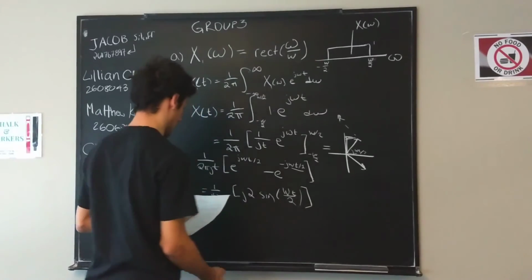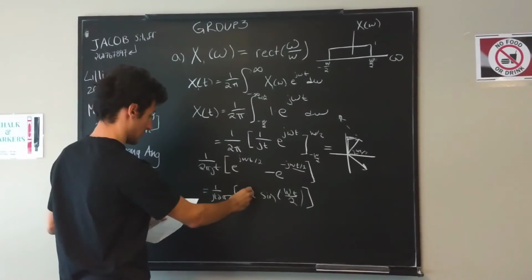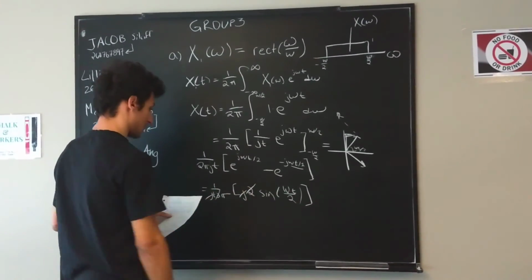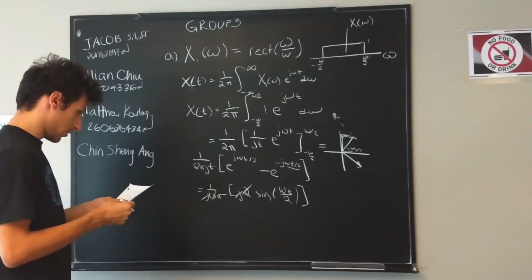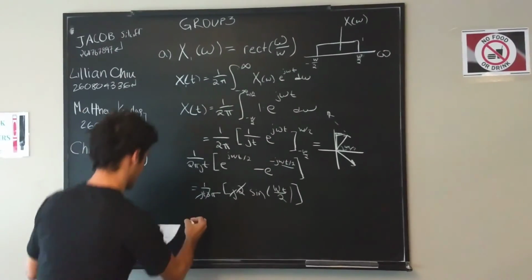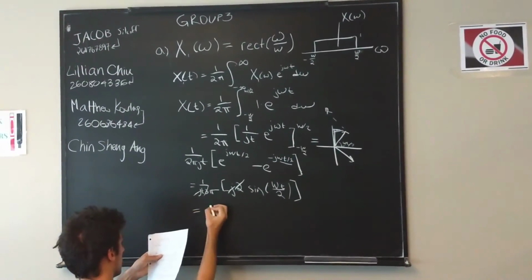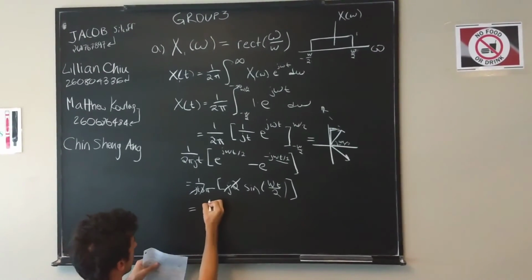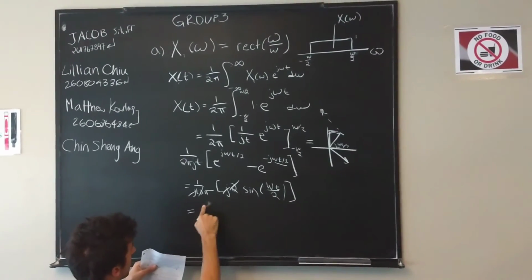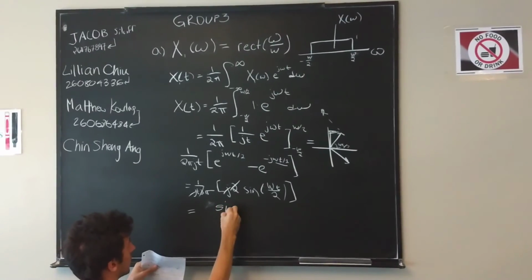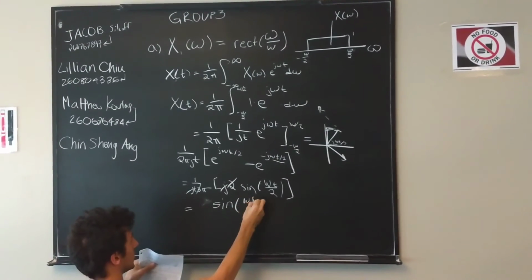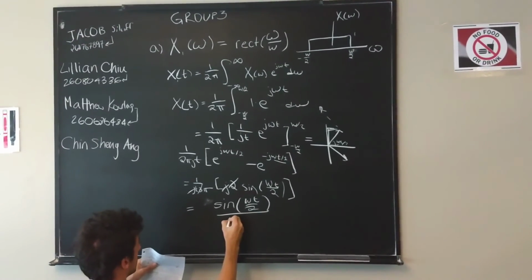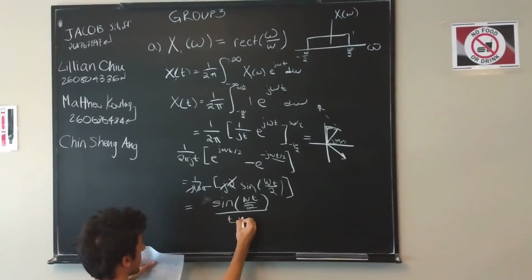So now a bunch of these things will cancel out. The j's cancel out, the 2's cancel out, and we're left with, we could most easily write it this way, sine of wt divided by 2 divided by t times pi.